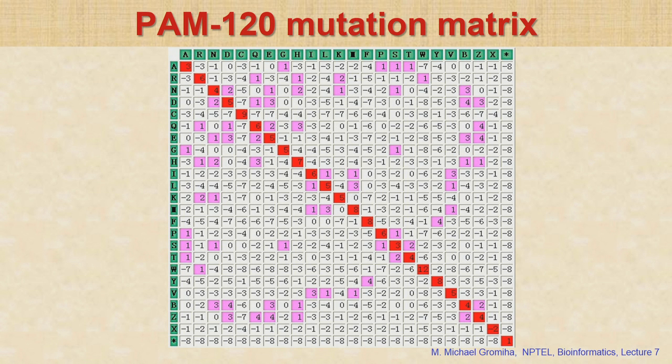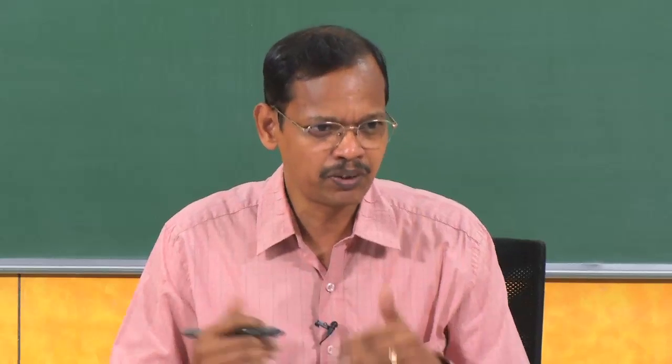So, we see this matrix. Can you tell something from this matrix? There are some letters in red, right. All these are diagonal, the same residues, where there are no mutations. These residues have the highest values because proteins usually do not want to mutate at certain specific positions.